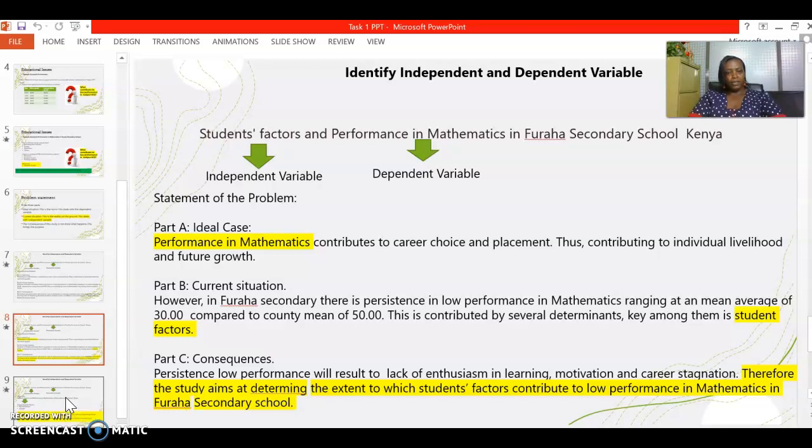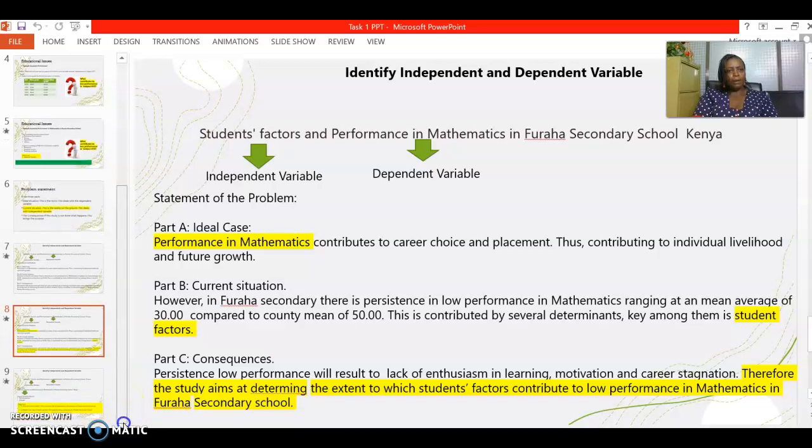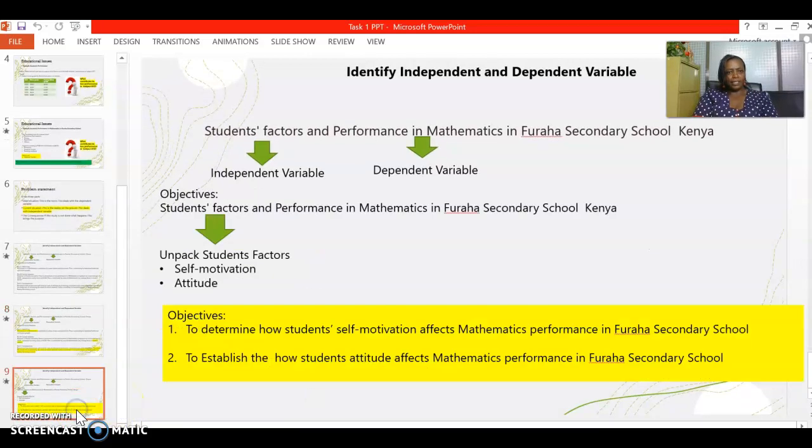Then part B is bringing about the student factors that are explaining the performance. And part C, we are saying what this study is coming to do, which then gives us the purpose of this particular study. Then the next section requires you to come up with objectives.